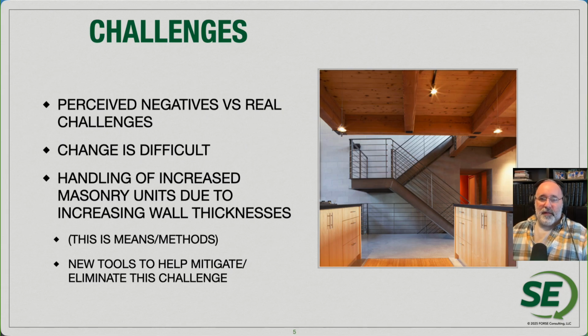We have a lot thicker wall that we have to deal with, and that leads to a lot heavier units. And so really it's means and methods. There are some really great tools that we have today for construction. I'll help illustrate some of the different options that are available to help mitigate or eliminate this challenge.